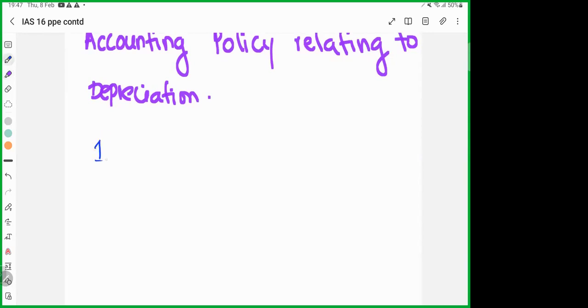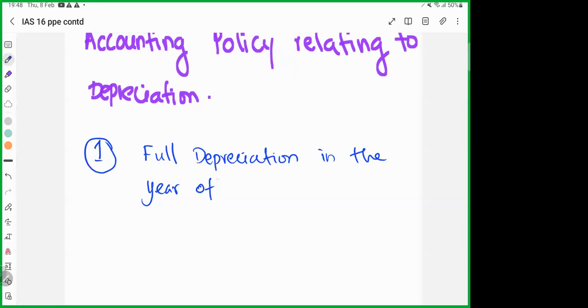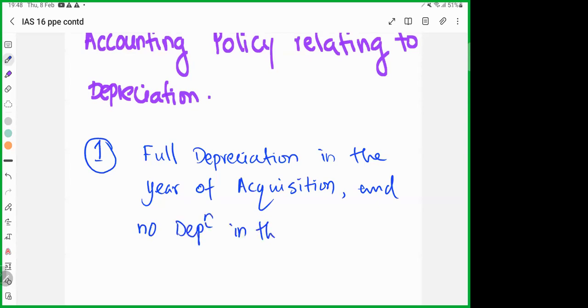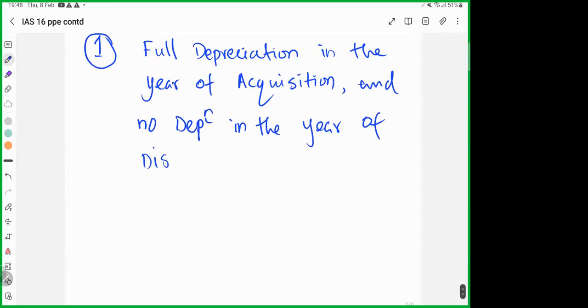So policy 1, they say full depreciation in the year of acquisition and no depreciation in the year of disposal. What do you understand with this?